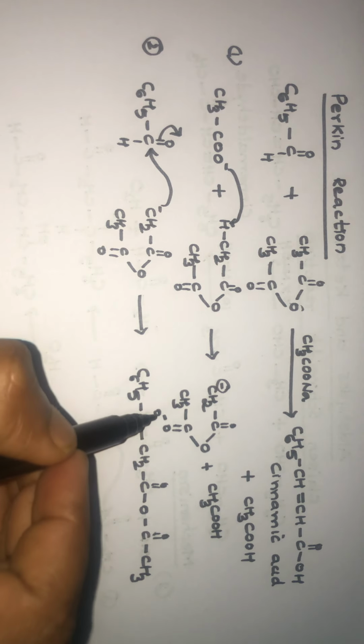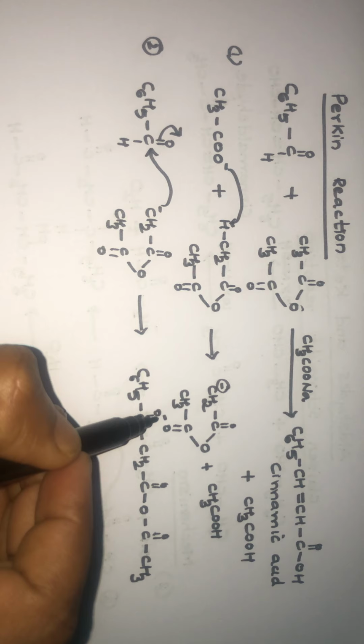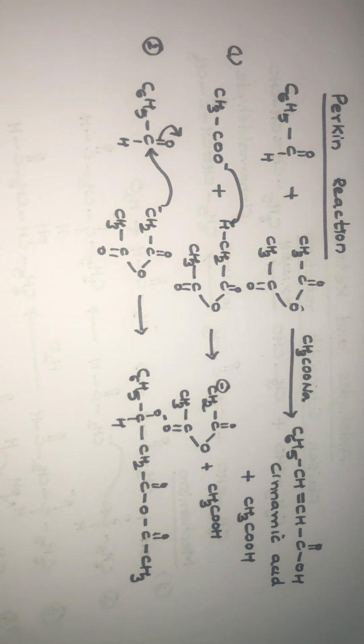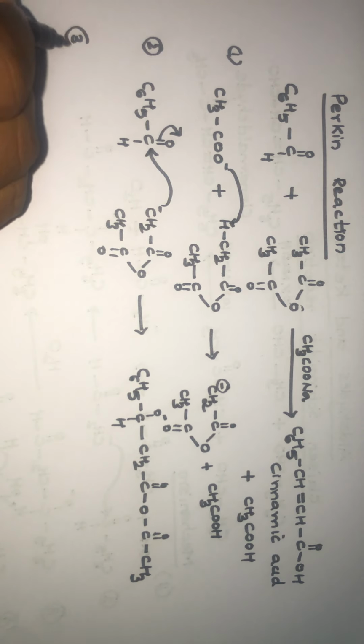This intermediate undergoes protonation at the anion oxygen to form a hydroxy acid anhydride.